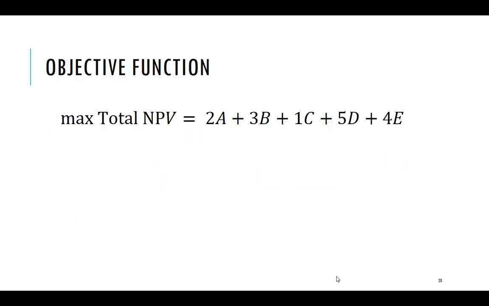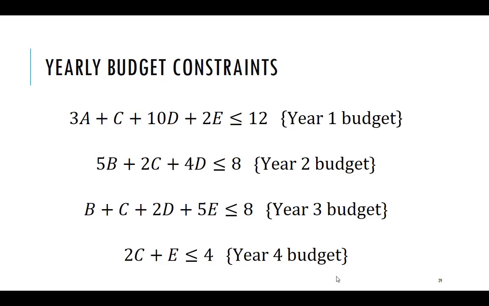The next set of constraints are also pretty easy, which are the yearly budget constraints. So I have a year 1 budget, year 2 budget, year 3 budget, year 4 budget. I had 12 million, 8 million, 8 million, 4 million. So 3A plus 1C plus 10D plus 2E is less than or equal to 12. So where did those numbers come from?